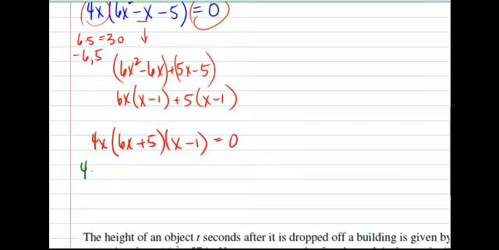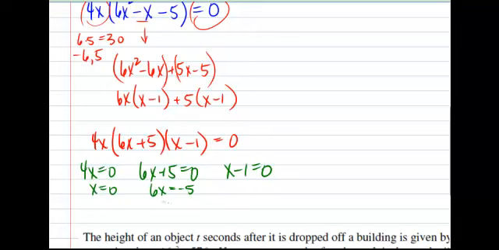So I say 4x equals 0, 6x plus 5 equals 0, x minus 1 equals 0. Because this was already equal to 0, I can just go on with my properties here. So in this first equation, I find out that x is equal to 0. In this second one, 6x is negative 5, so x is equal to negative 5/6.